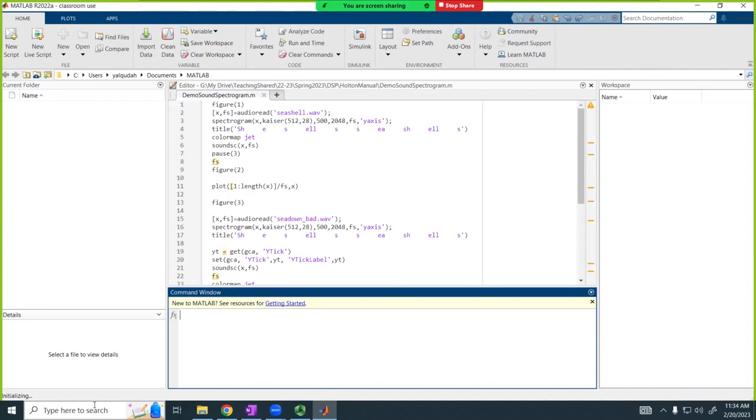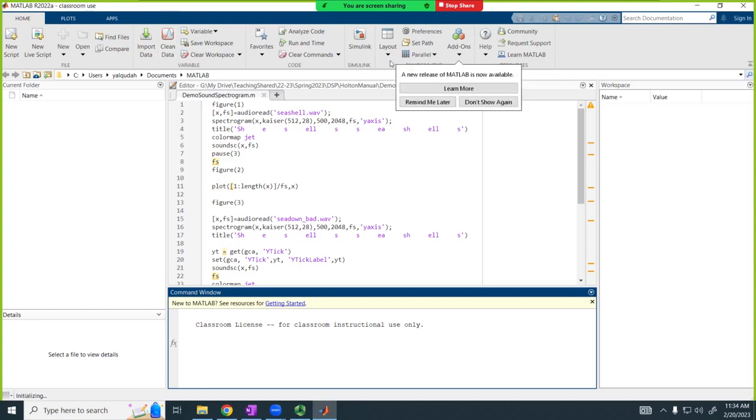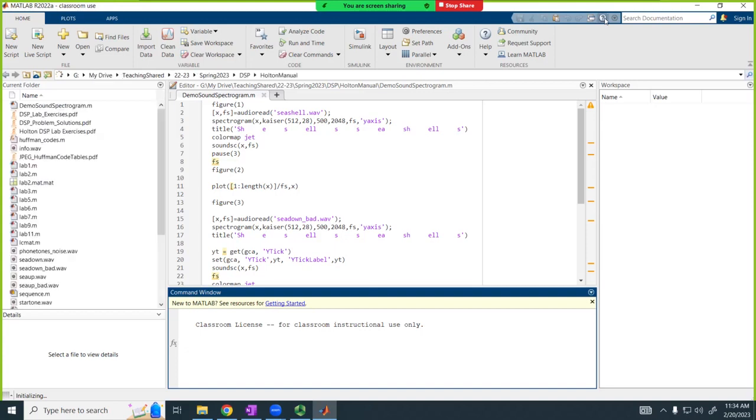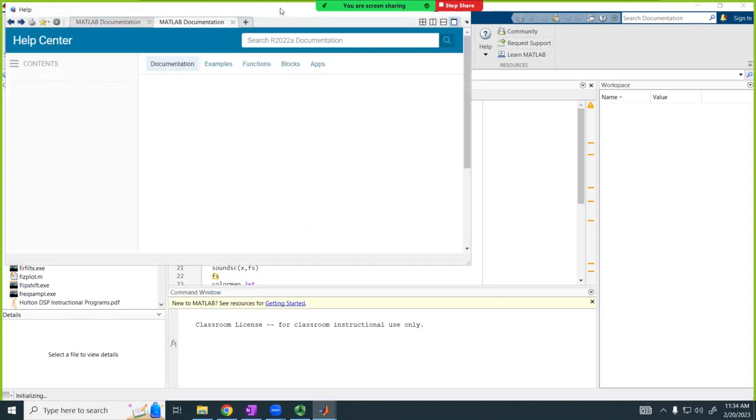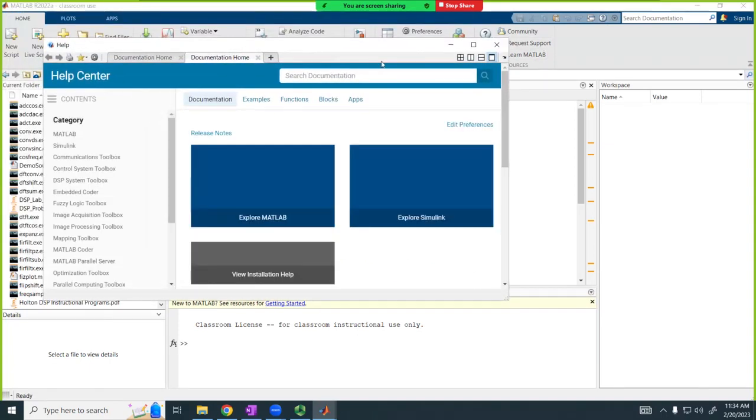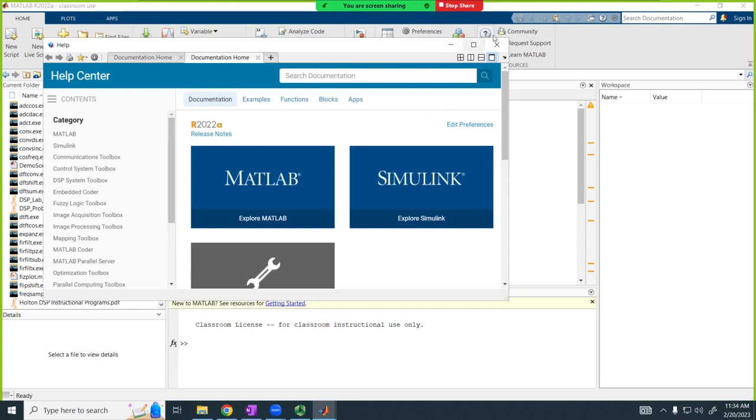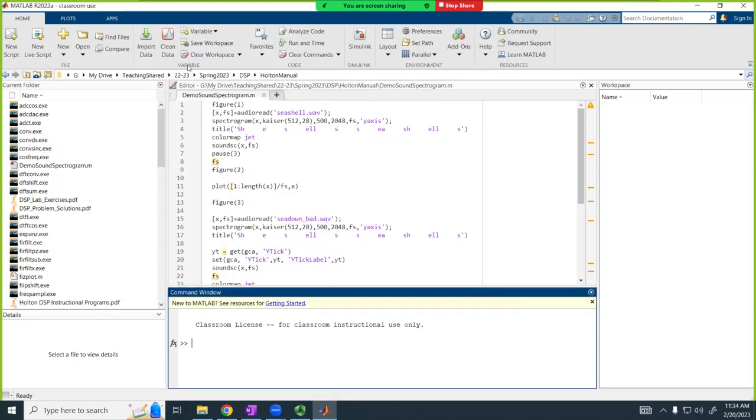New MATLAB? Still got 2021. I think what is the one we have on the apps, it's 2021, but they're the same, right? Probably very minor changes. Oh, this is 2022. Yeah, brand new. Okay.